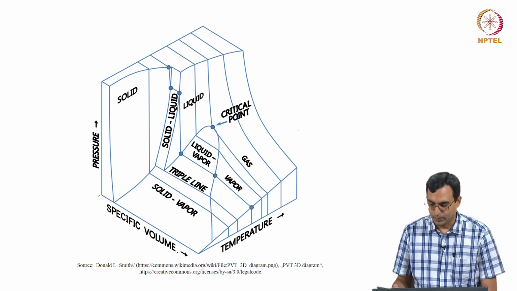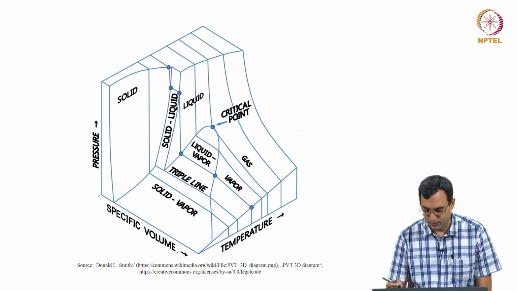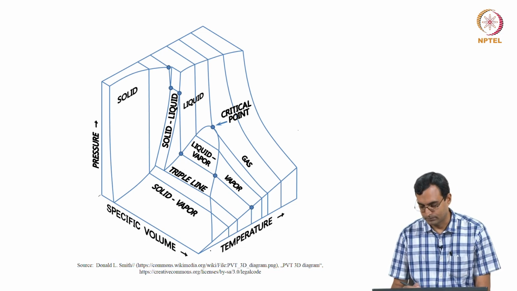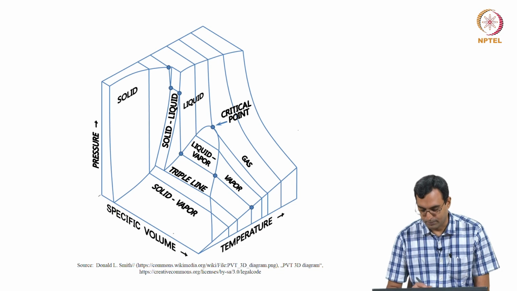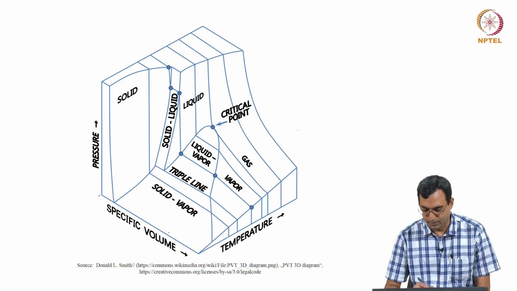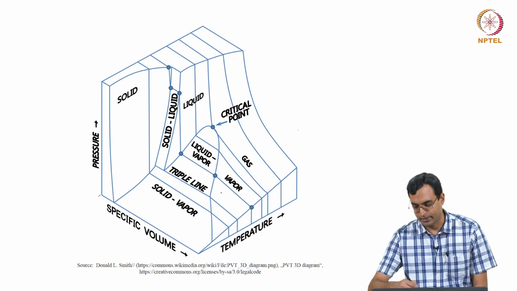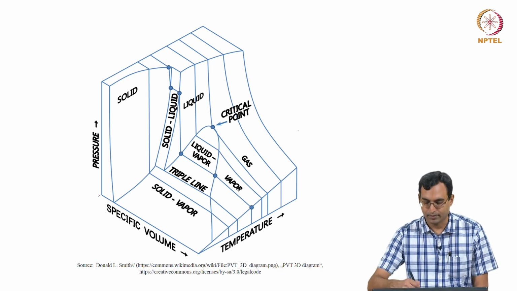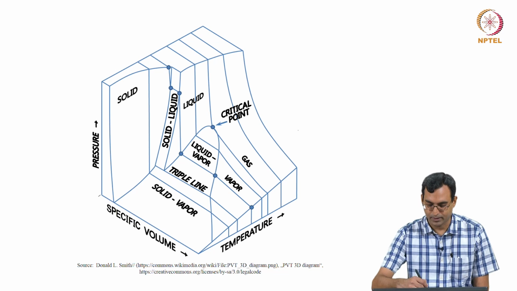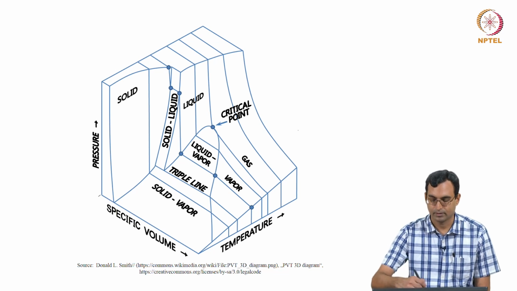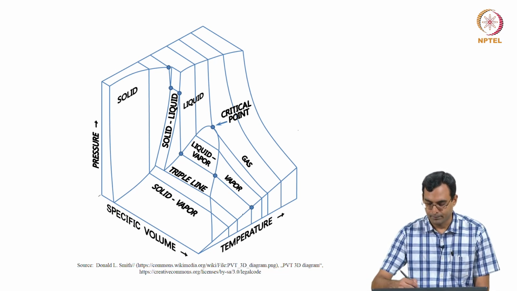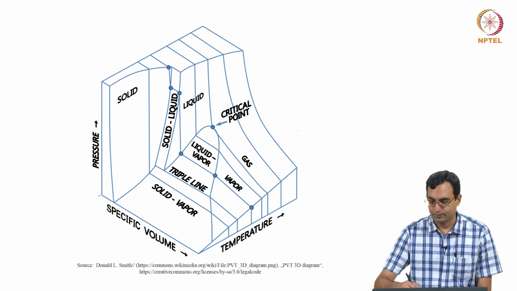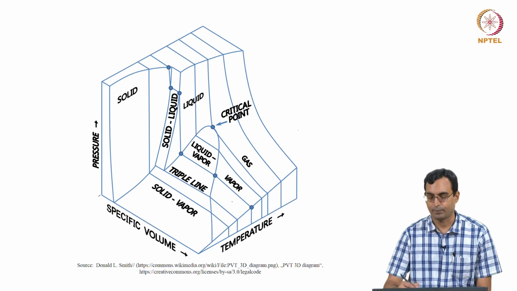What we see here is, for example, if I take some line at the same specific volume, or maybe it is easier to take the same temperature. If I look at the same temperature, taking this line for example, with high specific volume I am in the vapor phase.